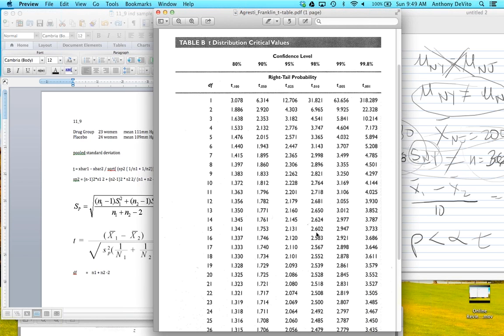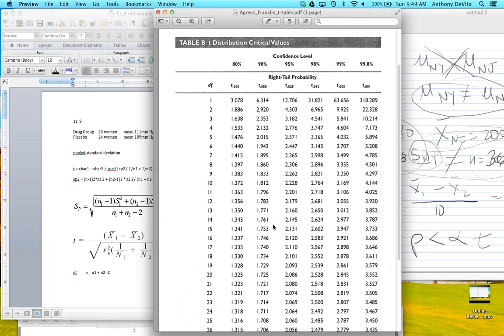If my calculated t-score is 3.1, I know that my confidence is between 98% and 99%, or a p-value of 0.01 to 0.002. So it's between these two values.